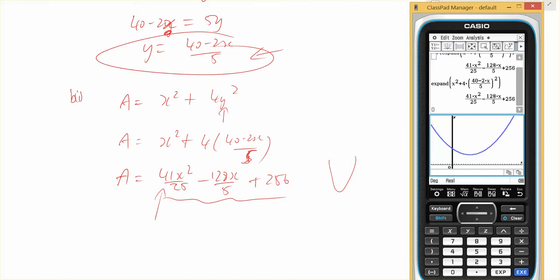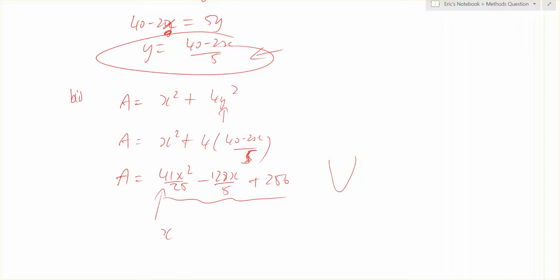So to get the minimum for x, because this is A in terms of x, we go analysis, G-Solve, min, and we've got the minimum as 7.80. So 7.80 is where the minimum area occurs. Okay, so x equals 7.80.